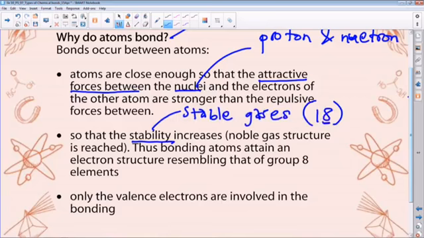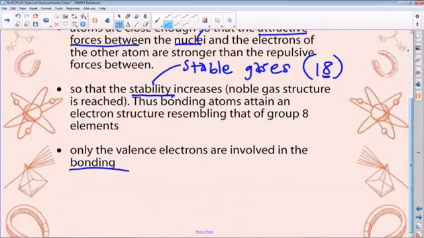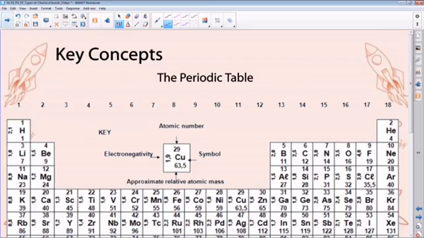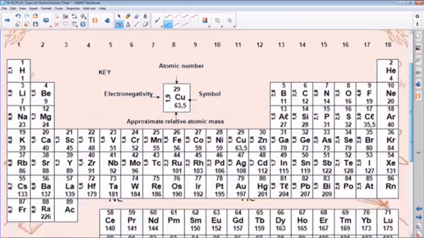So we shall establish that only the valence electrons are the ones involved in chemical bonding, which is the key thing for today's session, right? Now, moving along, in the periodic table, let's say, for example, we're referring to fluorine. Fluorine has 7 valence electrons because it is in group 7.